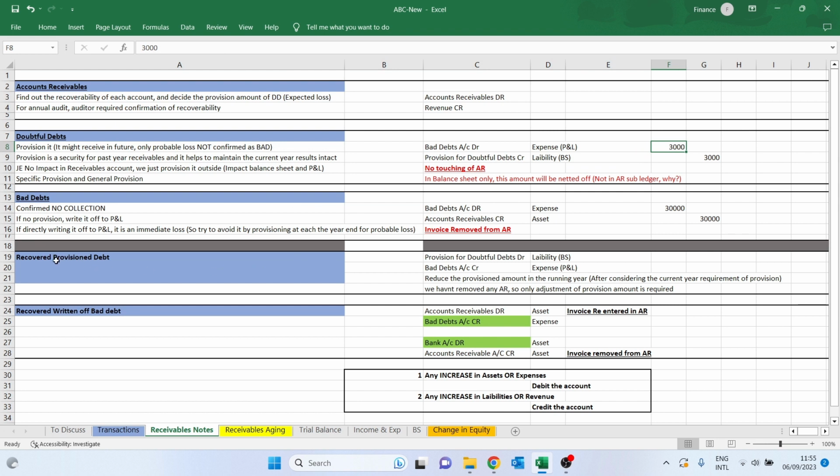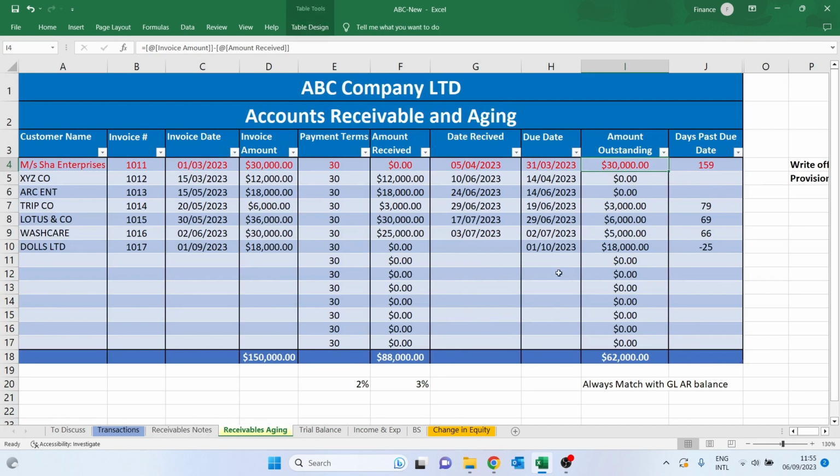If we recover this, what will be the entry? We will just reverse whatever we have created with the concerned amount. For example, in the first week of January, we have received this 3,000.